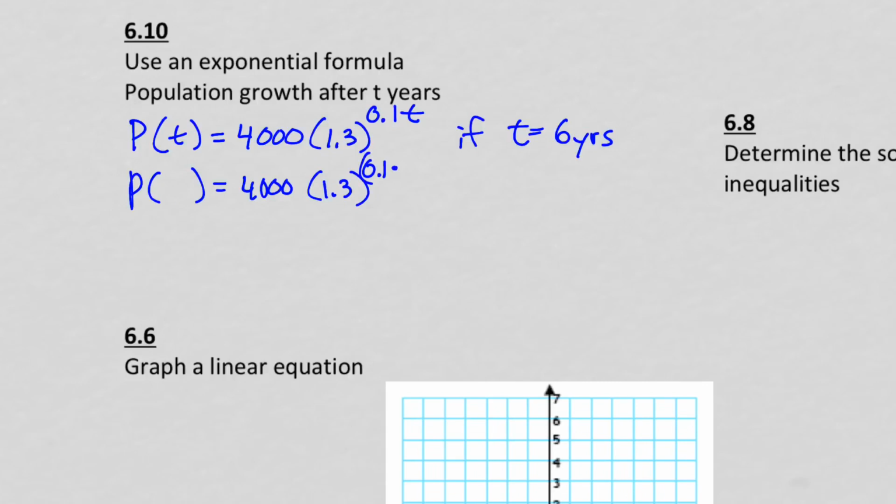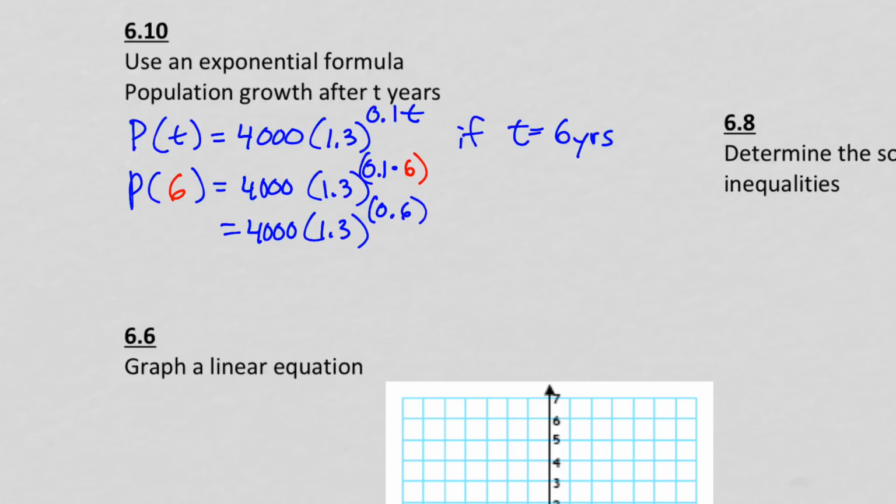So we're going to say, if we're putting 6 into the function, that says P of 6, we're going to put this 6 right here and calculate. And let the calculator do all the work for us. Okay? Now you could do the exponential part up there, so that would be 0.6.